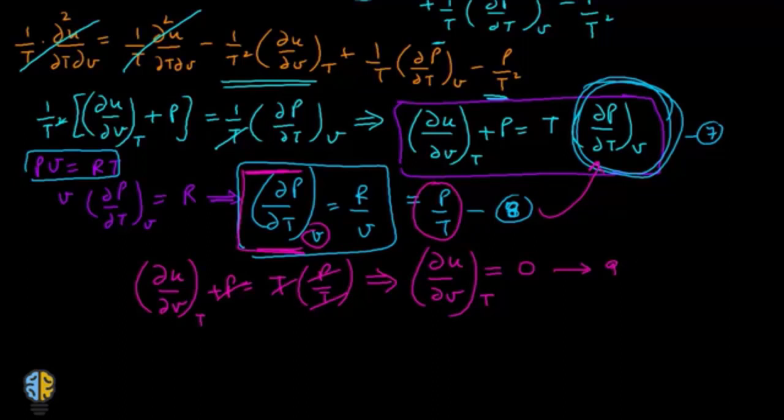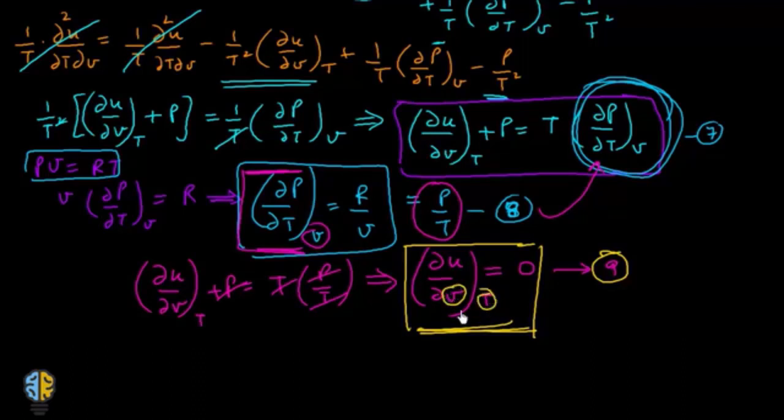Let's say this is equation 9, and let's put this into a good looking yellow box. Alright, so this is a very important thing that you get. Now therefore from this equation, that is equation number 9, I can say that U, that is the specific internal energy, does not change when V changes at constant temperature.